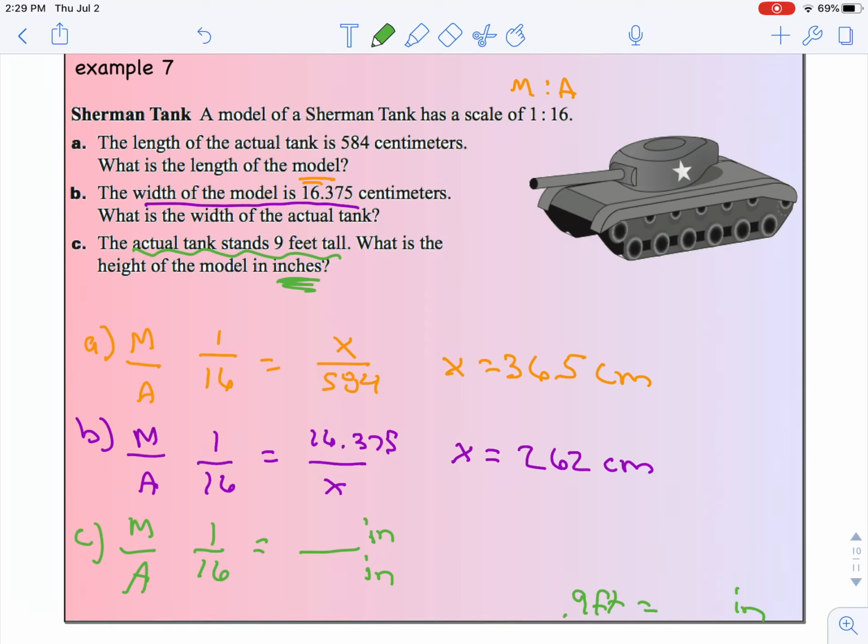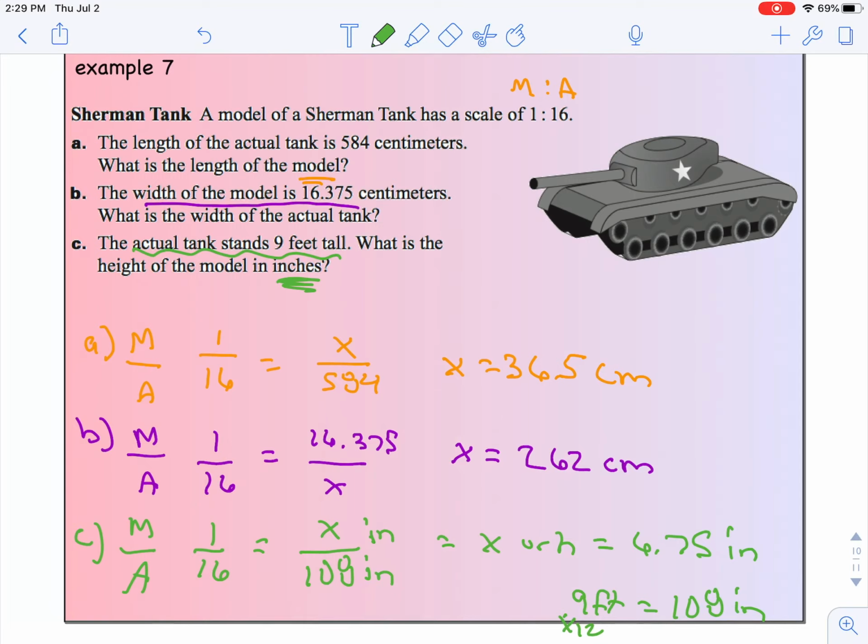Well, there's 12 inches in each foot, so I multiply by 12, which would give me 108. So now when I solve, I'm going to get that my X, or my height, is equal to 6.75 inches.